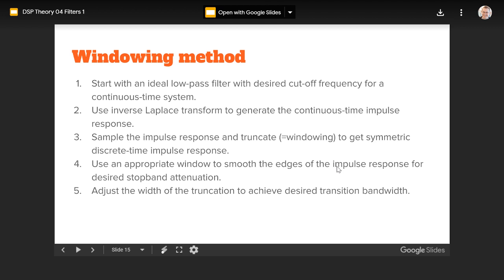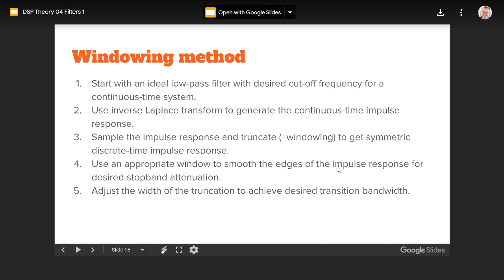If you take the inverse Laplace transform of that one, you will actually get the impulse response, meaning you're transferring that one into time space. So this is the frequency and this is time.